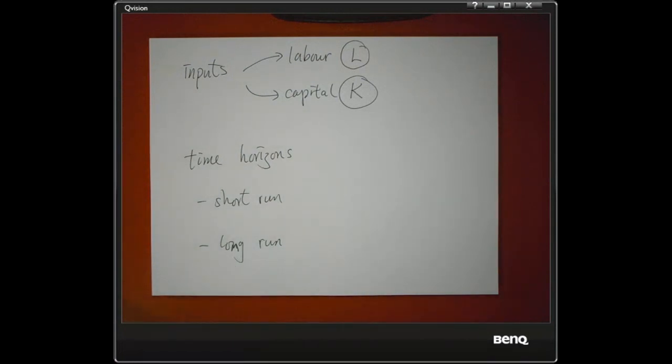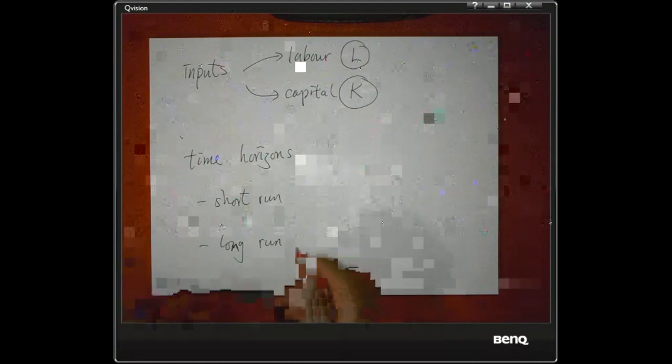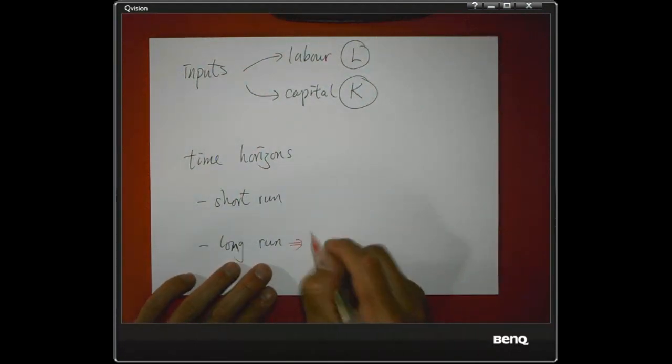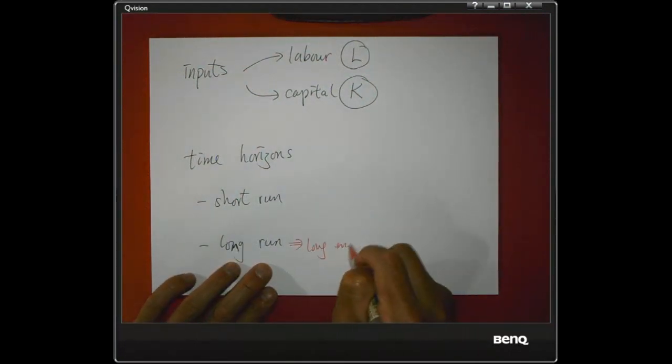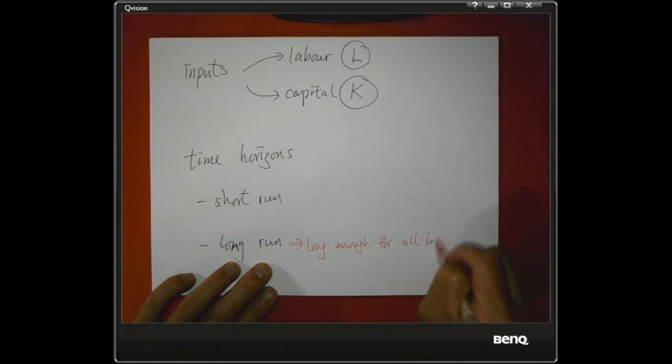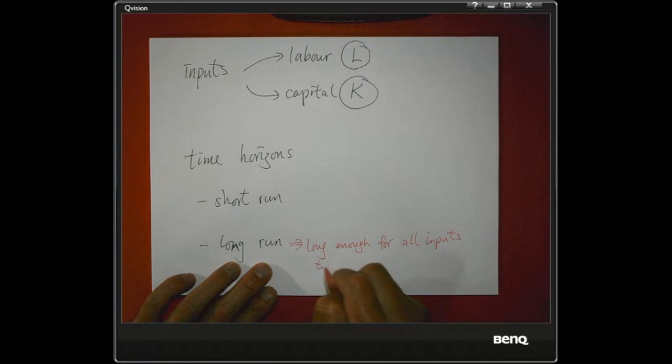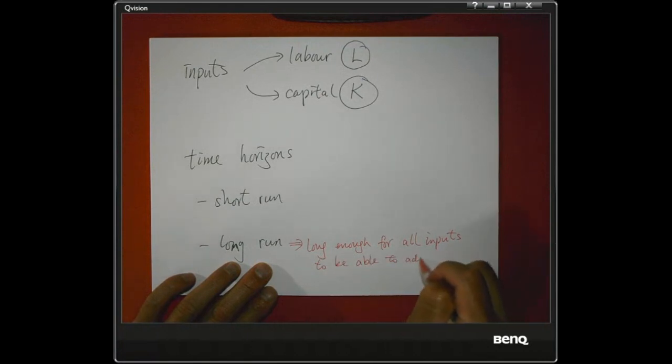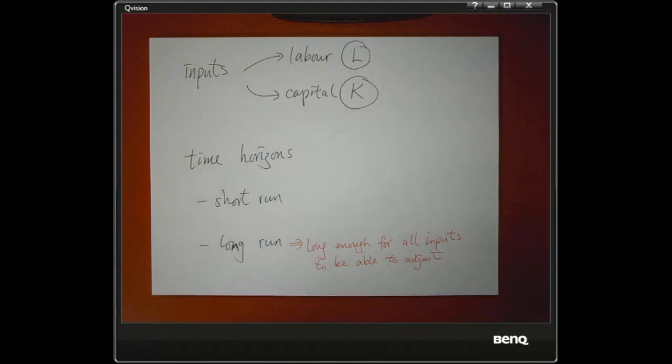Now, in economics, short run and long run are not distinguished by how many months. The way we distinguish between short run and long run is that long means long enough for all inputs to be able to adjust.